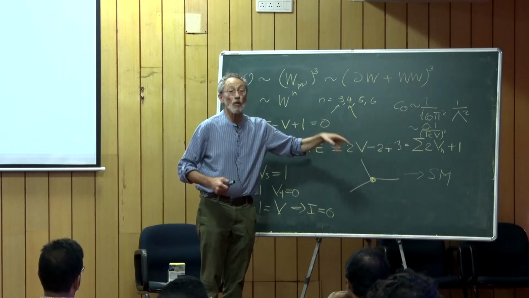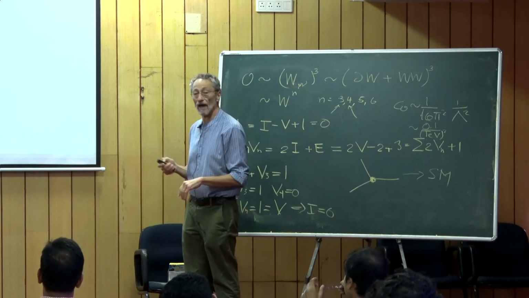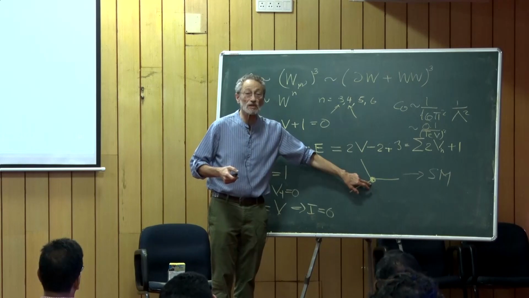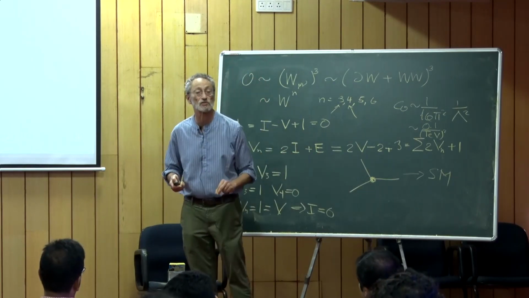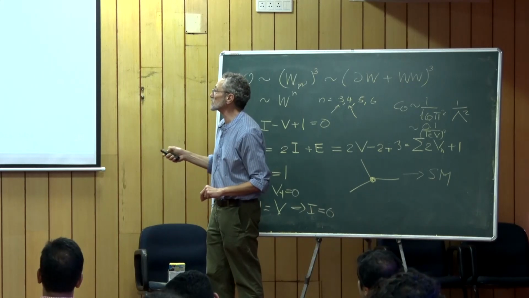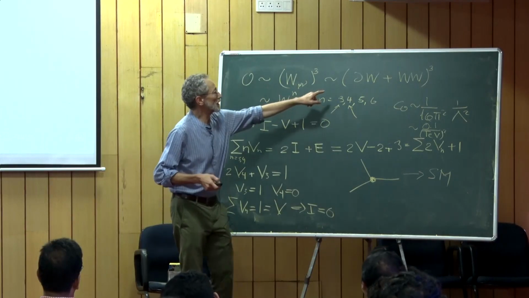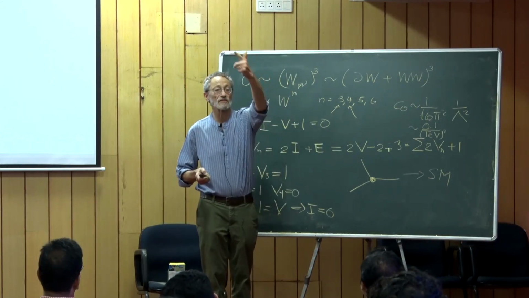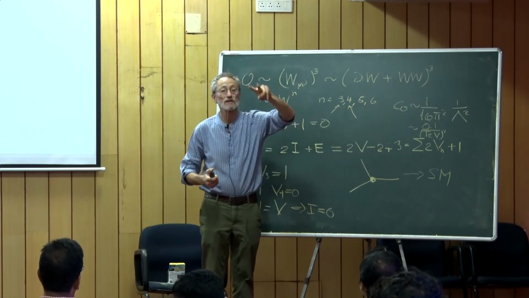Okay, so this is just a term in the Lagrangian. What term in the Lagrangian has 3 vector bosons? And I tell you, it's this times this. There's nothing else. And this times this is derivative, vector, vector, vector. The one I'm looking at is derivative, derivative, derivative, vector, vector, vector. I'm missing 2 derivatives.